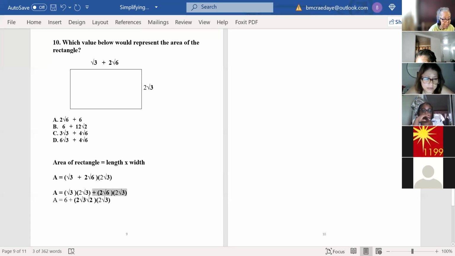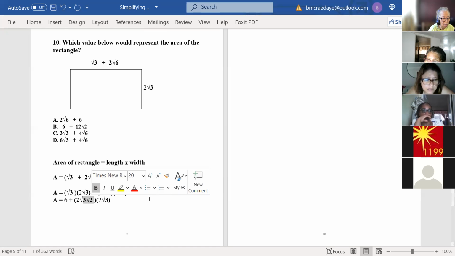That's how I got this 3 and 2. I just factored the square root of 6 into square root of 3 times square root of 2. Everybody follow me there? So to go from square root of 6, I went to factors square root of 3 times square root of 2.